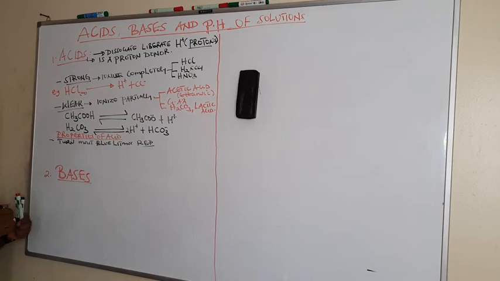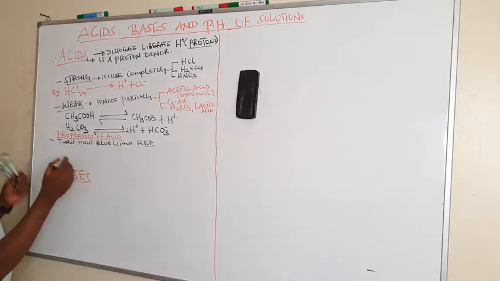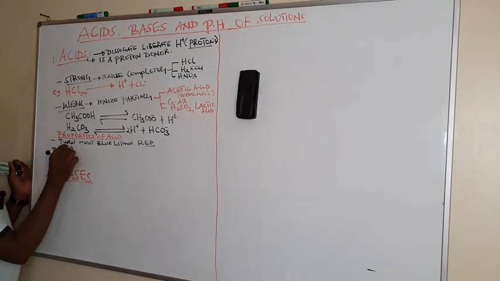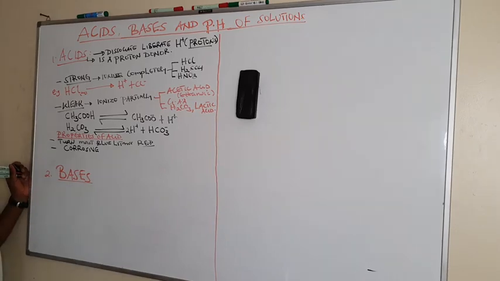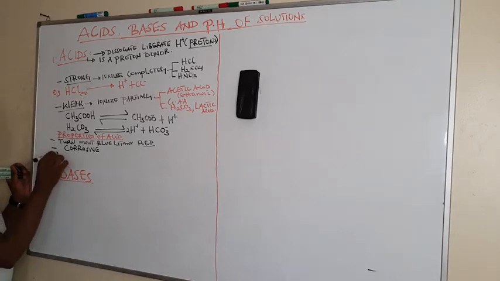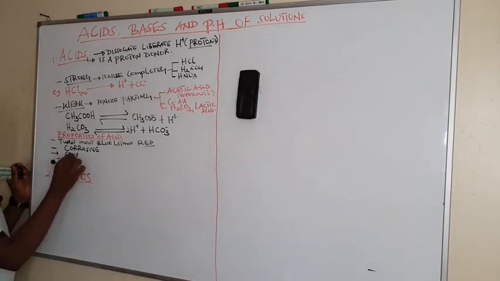That is one of the properties. Another property of acids is that they are corrosive, so if you touch them with bare hands, they can easily burn you. And another thing, their taste is sour.